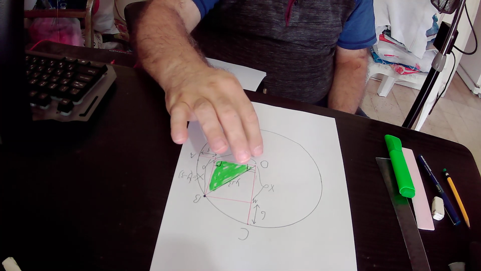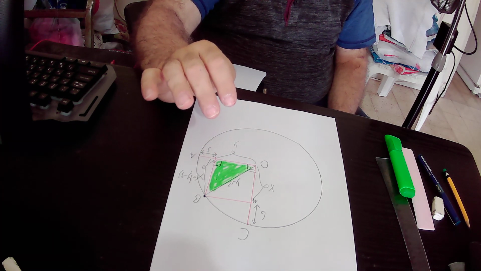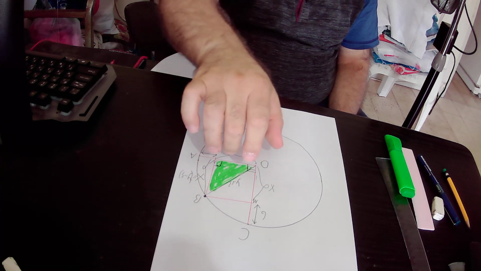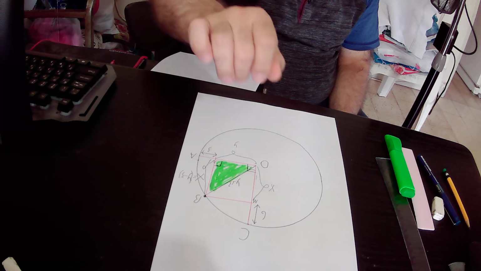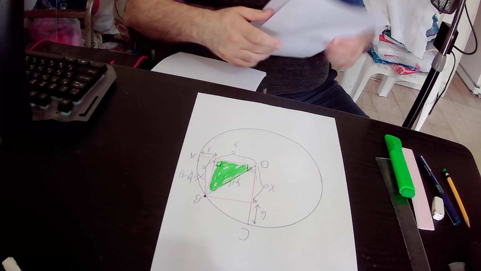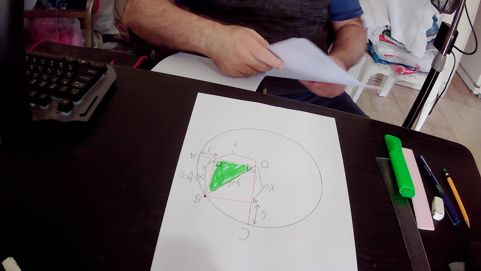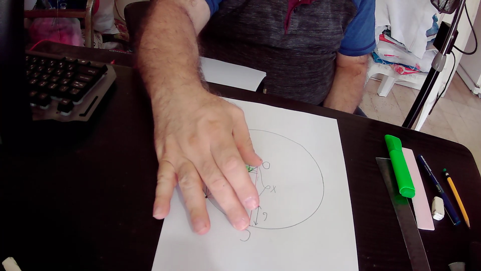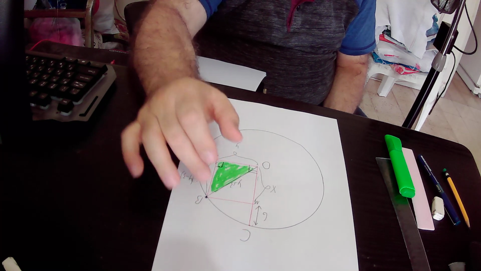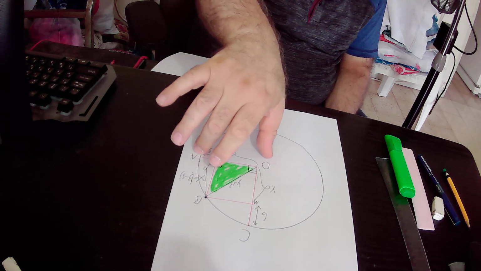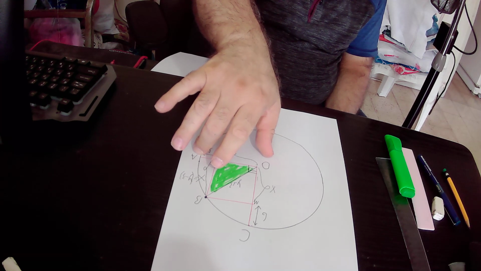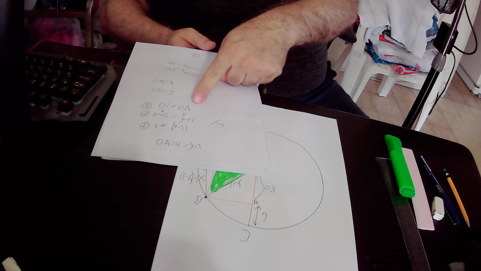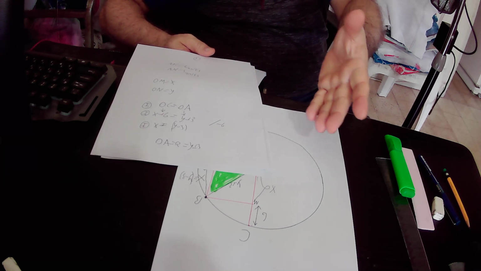The center of this circle is at point O. We defined line segment OM as x and line segment ON as y. And we know that OC is the radius of this circle, so OA is also the radius of this circle. So we can say that OC equals OA, because both of them are radii of this circle.